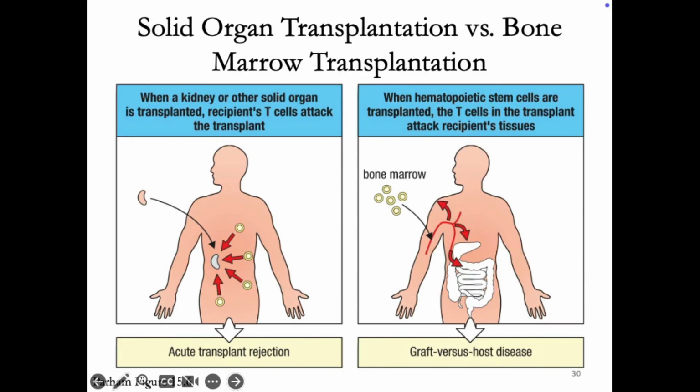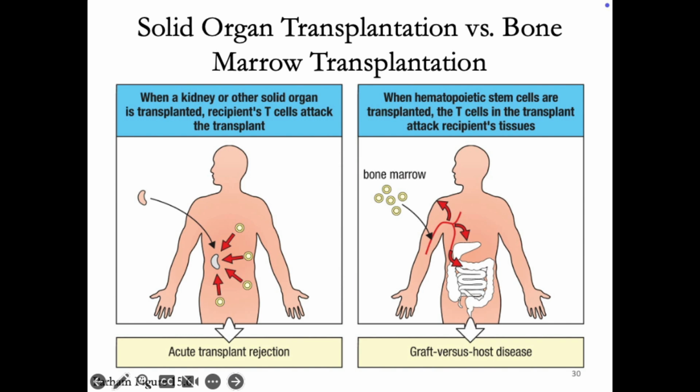There is one other issue that I need to tell you about, sort of general transplant rejection issues, which is if we think about solid organ transplantation versus bone marrow transplantation. In the case of bone marrow transplantation, there is an additional kind of complication.